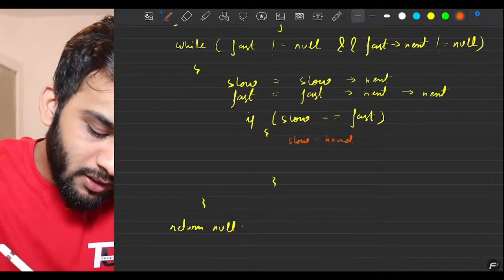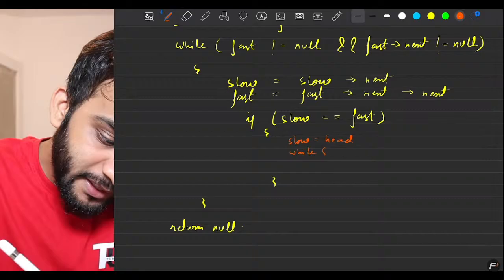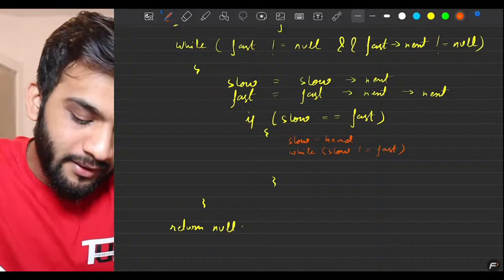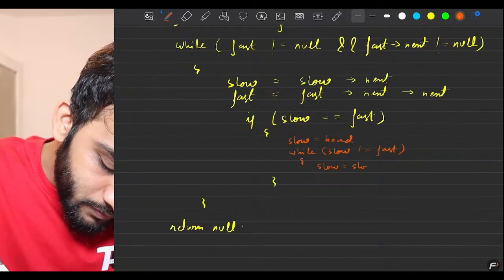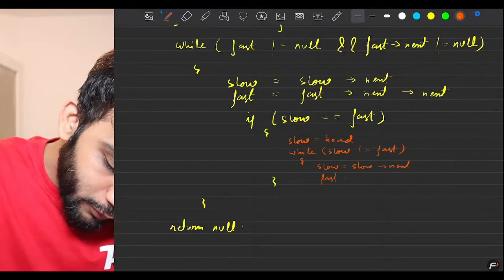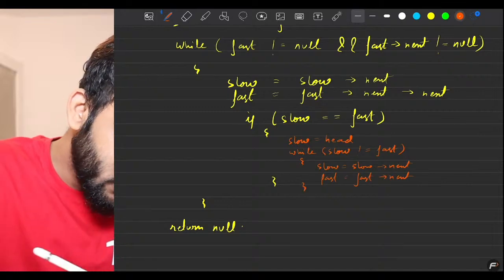So I'll be like, hey, till they collide, which is basically stating slow is not equal to fast, because if they haven't collided, can you move the slow to slow next? And hey, fast, can you move to next? So this is what it will be.